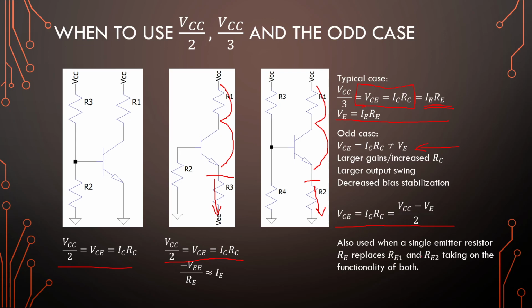And you also use this technique when you use one emitter resistor to take over the role of bias stabilization and gain stabilization. It just requires a bit more equations that you're going to solve simultaneously.